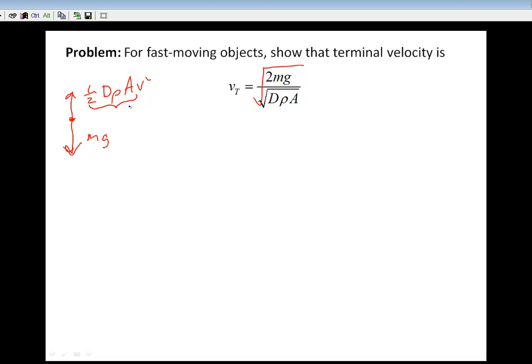That's all a constant, so sometimes that's just called C times v squared. Then we do the same thing. We say the sum of the forces equals the mass times acceleration. Let me write it like this: we get 1/2 d rho a v squared, that's the negative part, plus mg is equal to ma.